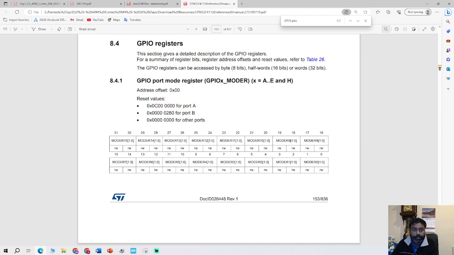Now let's see the GPIO registers one by one. As I said, the GPIO port mode register has the address offset 0x00. It has two ports, port A and port B. The reset value for the port mode register is 0C00.